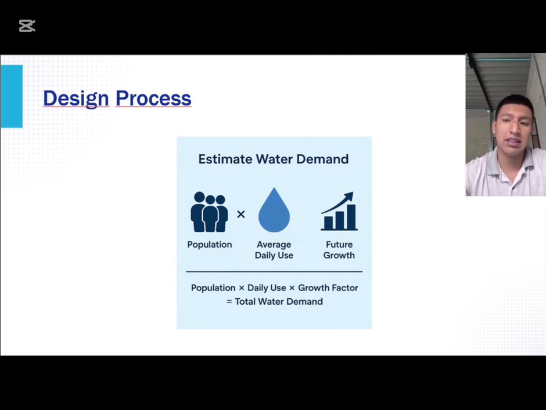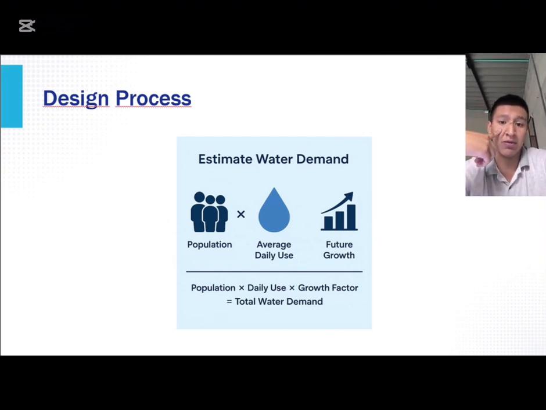The first step is to estimate demand. We calculate how much water people need. For example, one person might need 1 cubic meter per day. This depends on the population, average daily use, and future growth.